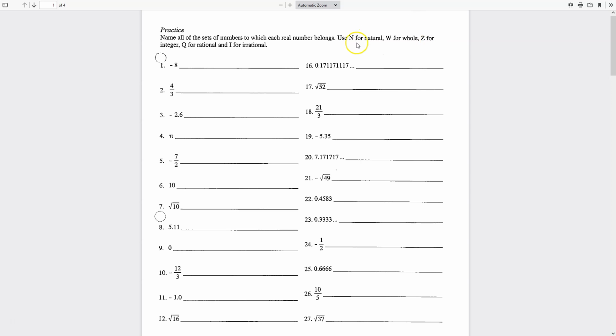These symbols N, Z, and Q are part of the traditional markings for integer and rational. I forget precisely the origin of each of these, but if you look at -8, -8 is an integer, so you put Z. But because it's an integer, it's also rational.